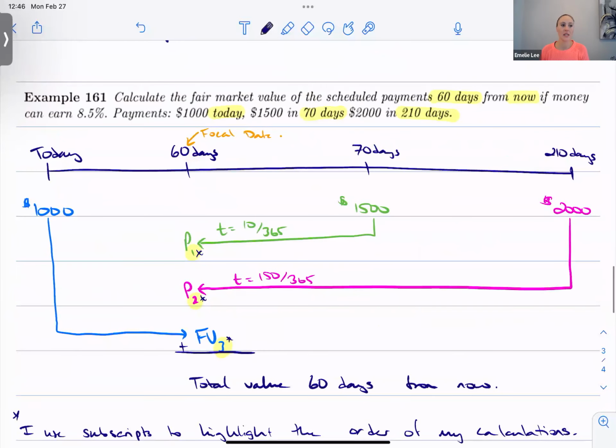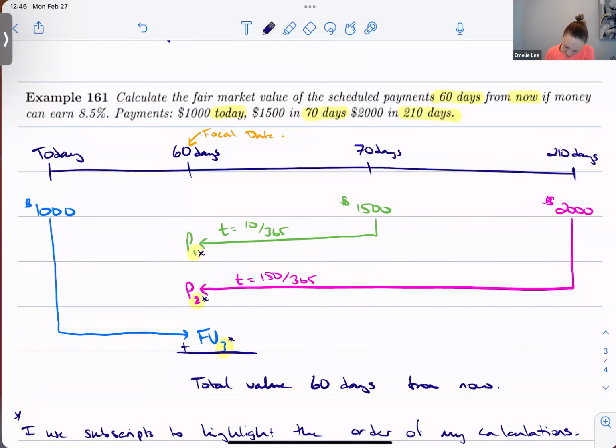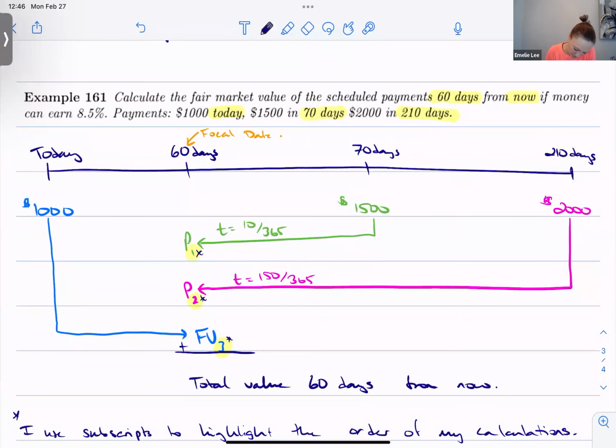The only thing missing here: I need to have the dates, the dollar amounts, what I'm solving for, and time. I also need the rate somewhere. Luckily, the rate is the same for all of these, so I'll just jot it down over here: the rate is 0.085.